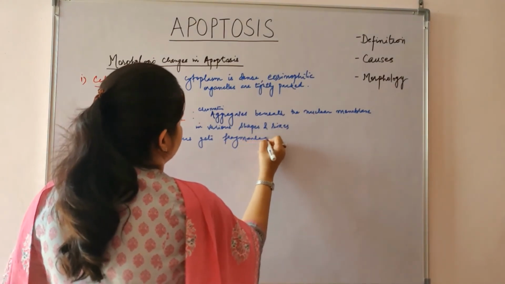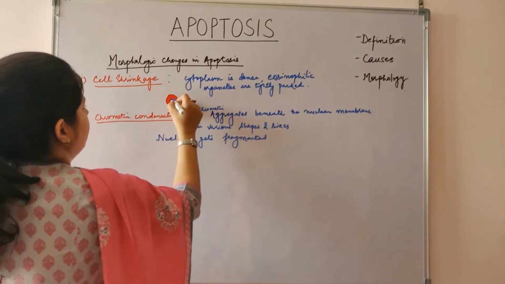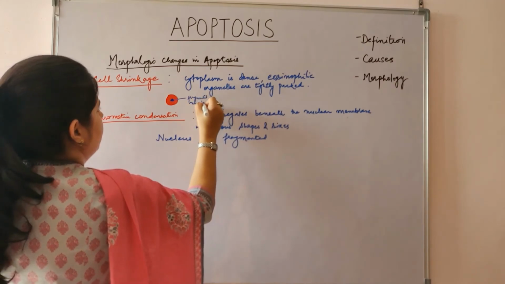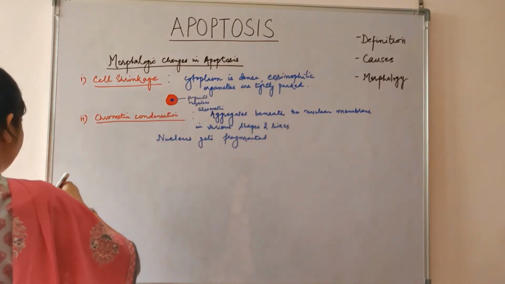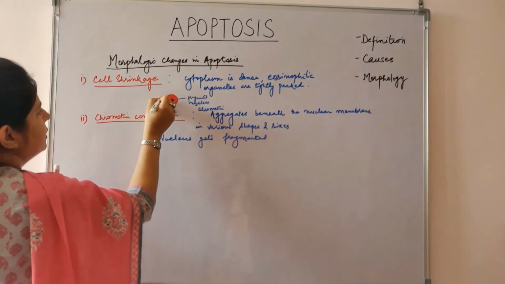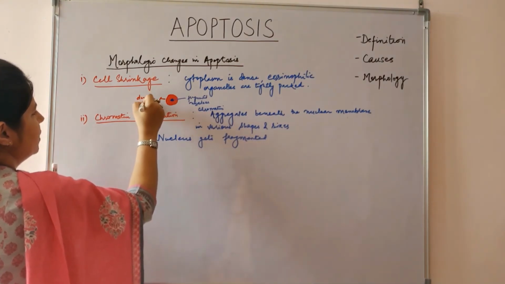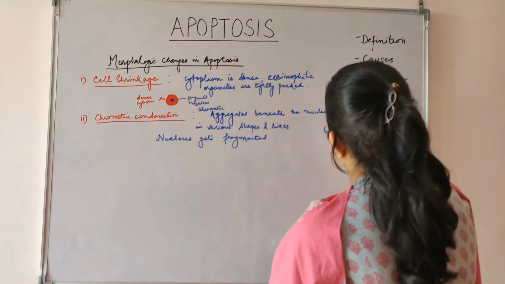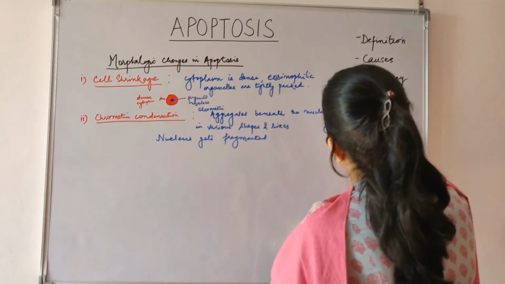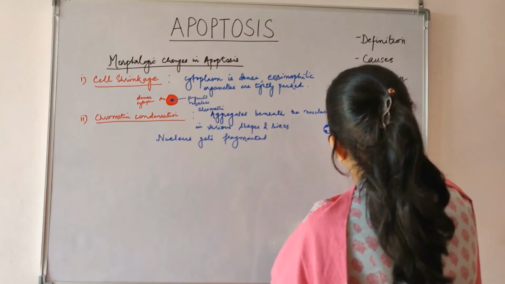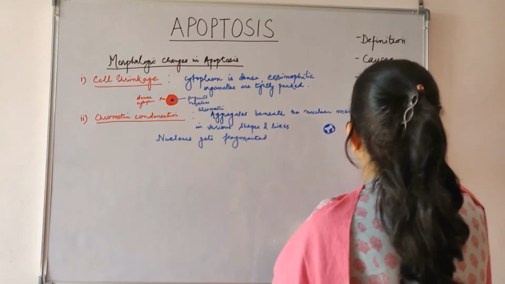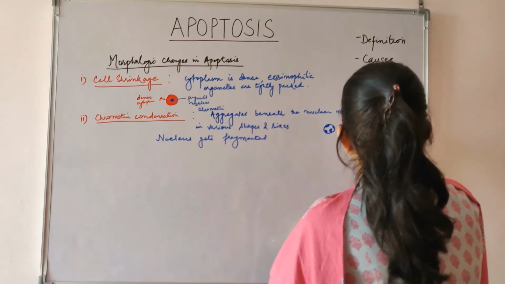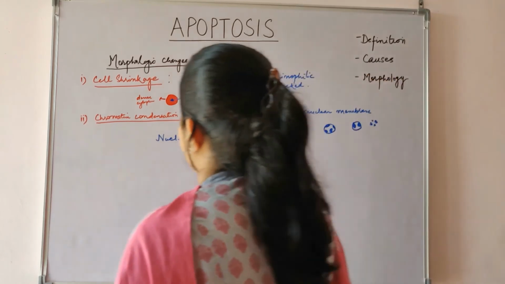Here, this is the fragmented nucleus and this is the dense eosinophilic cytoplasm. So suppose this is the nuclear membrane. The chromatin aggregates into various shapes beneath the nuclear membrane, and later on the nucleus gets fragmented into two or more fragments.